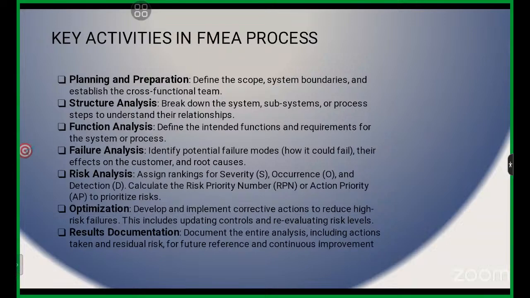There are also key activities in the FMEA process that we are going to look at. These are planning and preparation: define the scope, the system boundaries, and establish the cross-functional team in order to oversee the implementation of a process.